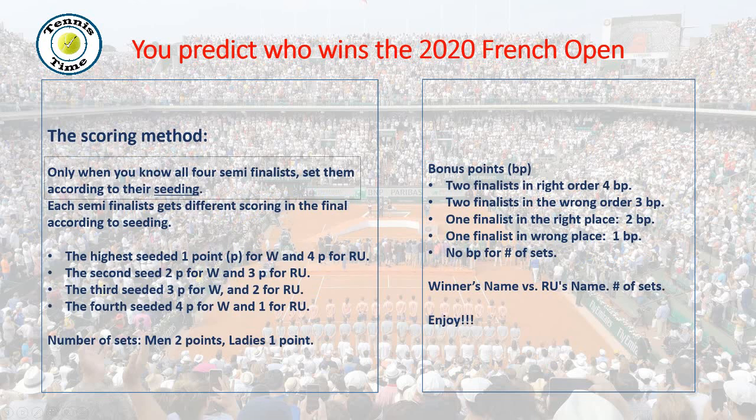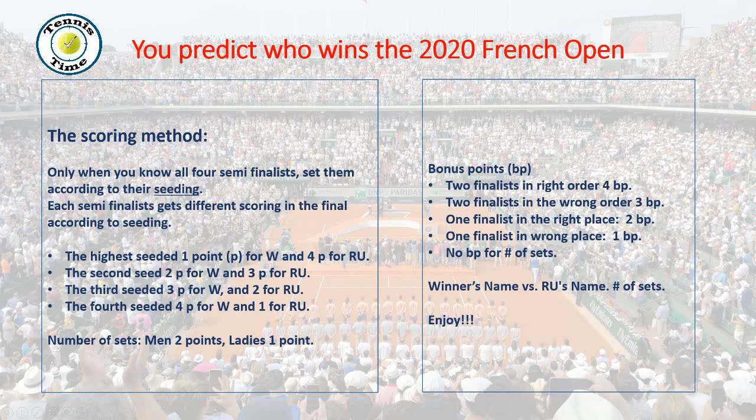Part 2 is going to be when the semi-final lineup is known to everybody. Now this is a little bit more complicated, but I think this is a very nice way to think of a scoring system which is fair if you pick the players correctly. So let's say we have the 4 semi-finalists.